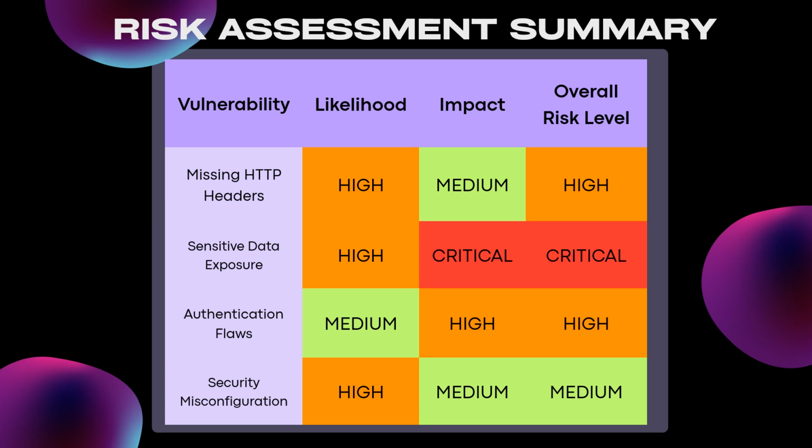And also with sensitive data exposure, I gave it a high likelihood because a lot of people easily intercept HTTP traffic, and it's a very huge risk. So I give it a critical impact, and then making the overall risk level also critical.